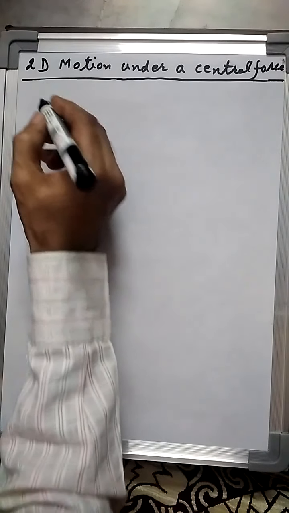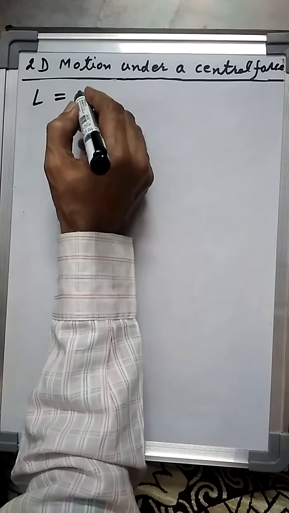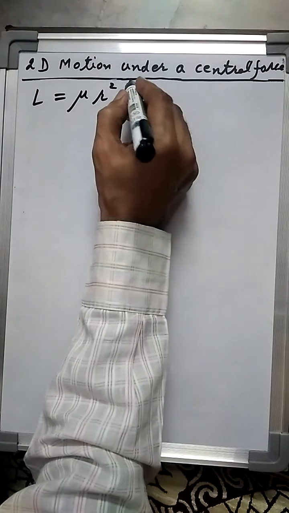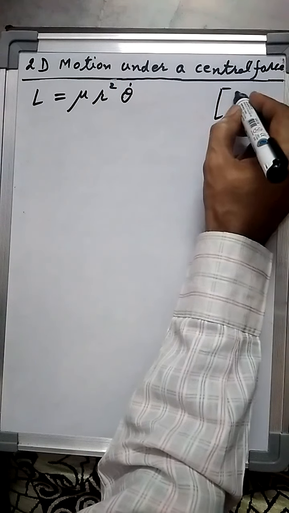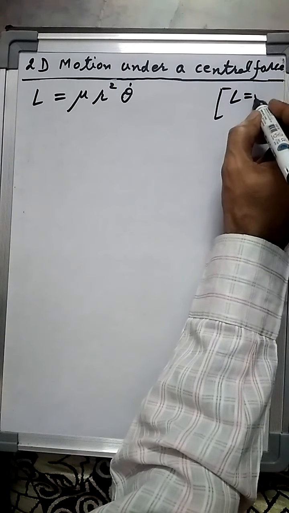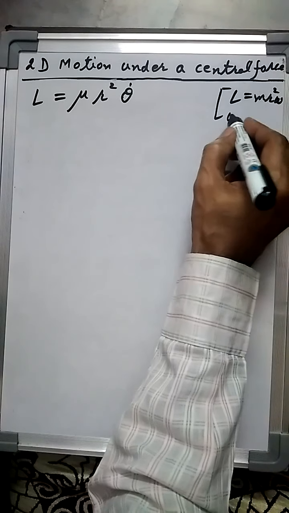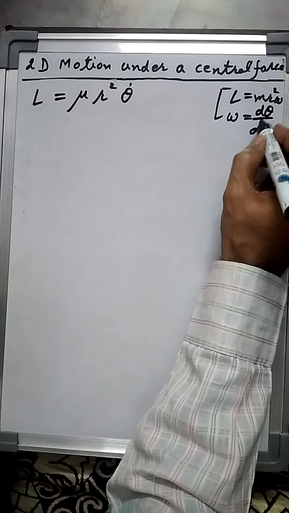Let us consider the relation for angular momentum. L is given as mu r square theta dot. I have used here the relation for angular momentum from your lower classes, m r square omega, where omega is taken as angular velocity and it is equal to d theta by dt.